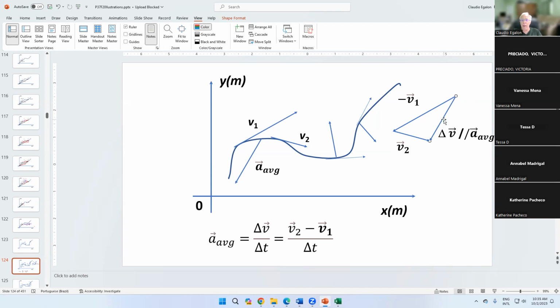When we sum them up, we end up getting an average acceleration vector that is in this generic direction. All I did here was transplant this velocity vector to this point here. It's parallel. That's how we find the direction of the average acceleration vector.